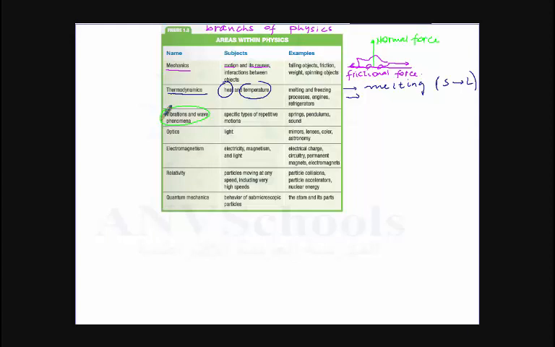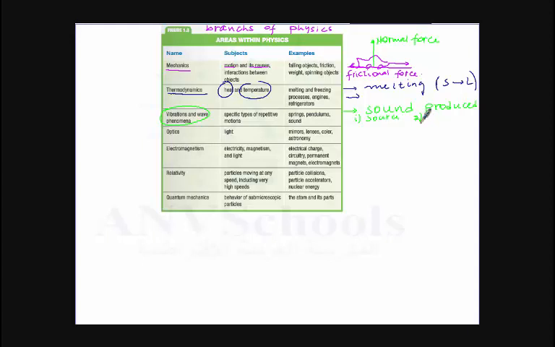The other branch of physics is vibration and wave phenomena. Under this branch of physics, you will study how sound travels, or what are the necessary conditions for a sound to be produced. How is sound produced? For a sound to be produced, we need to have three things. One is the source of sound.